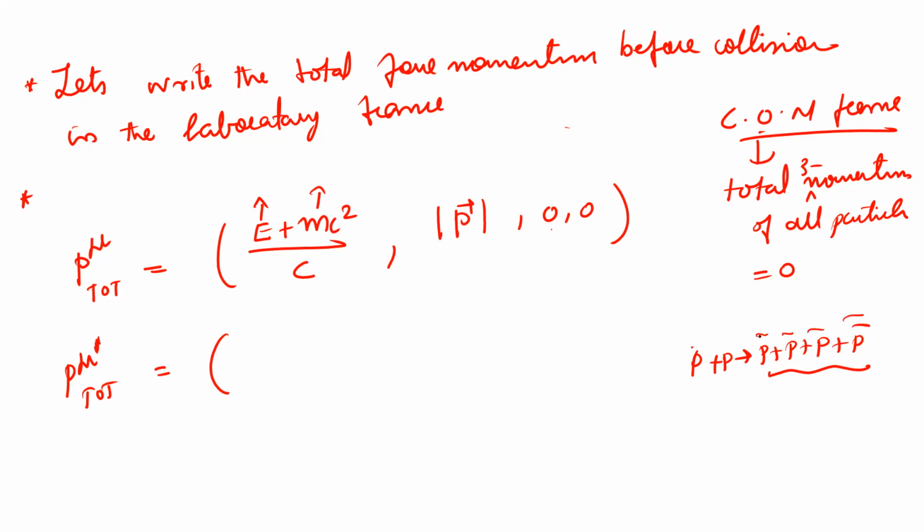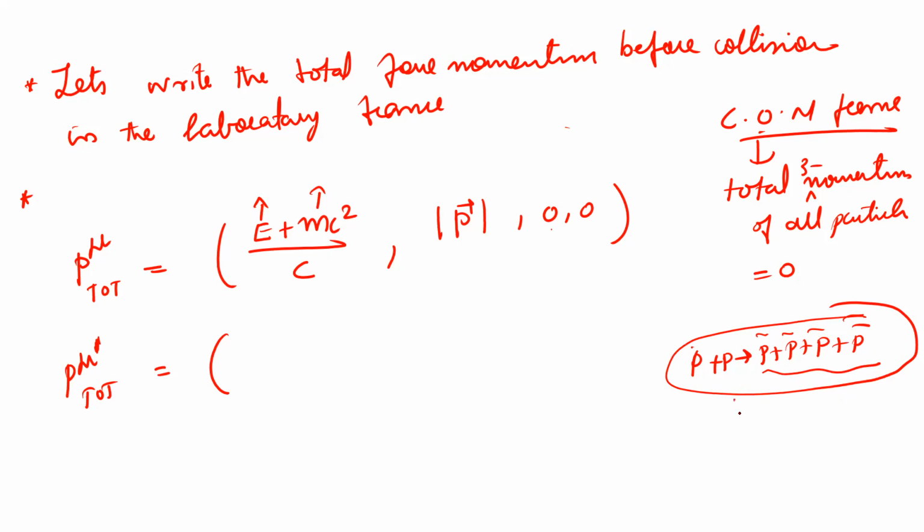We are calculating the threshold energy, which is just the sufficient energy to create these particles, which means these particles will be at rest. If there is extra energy, it will be converted into kinetic energy.